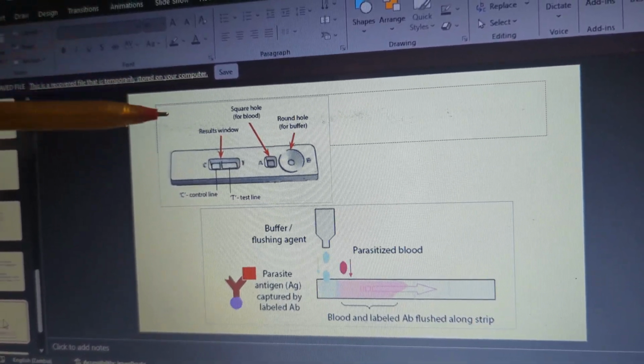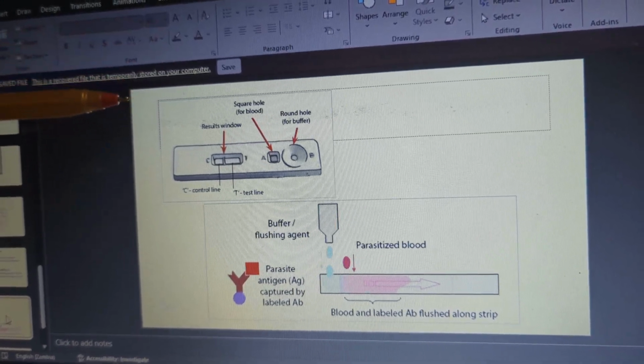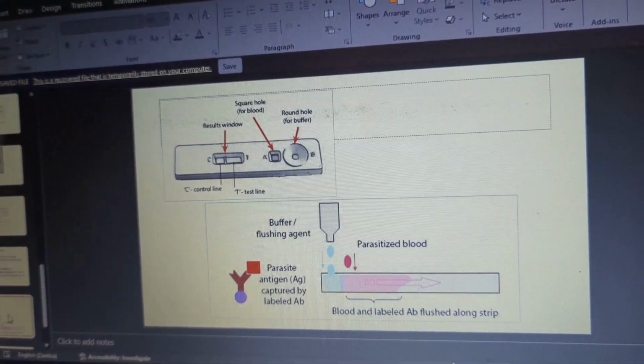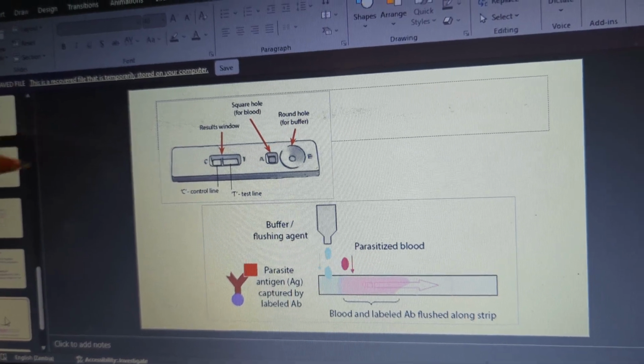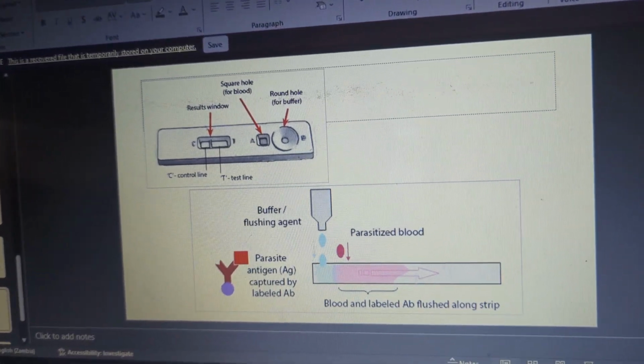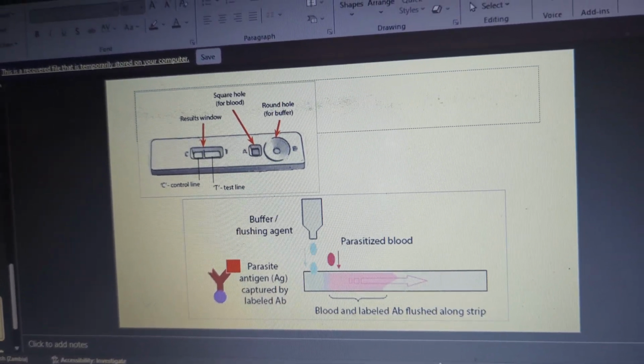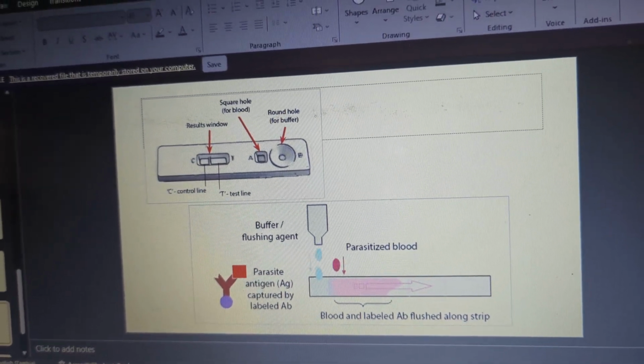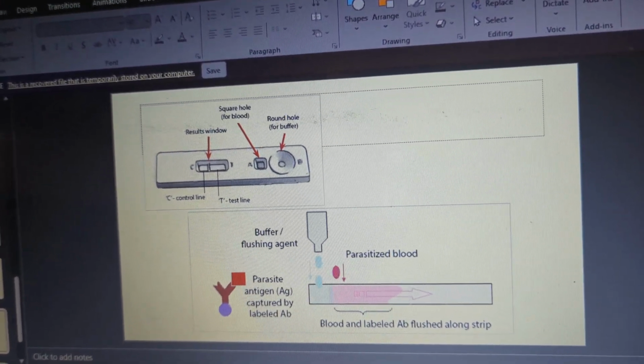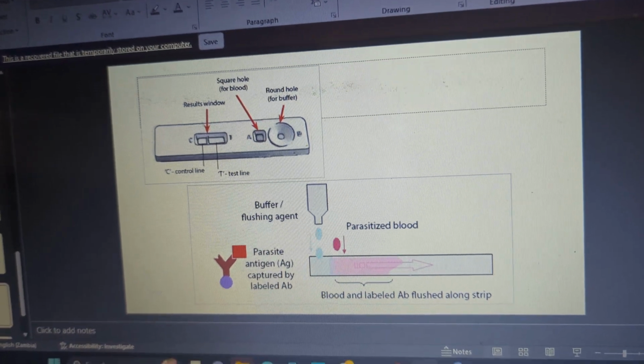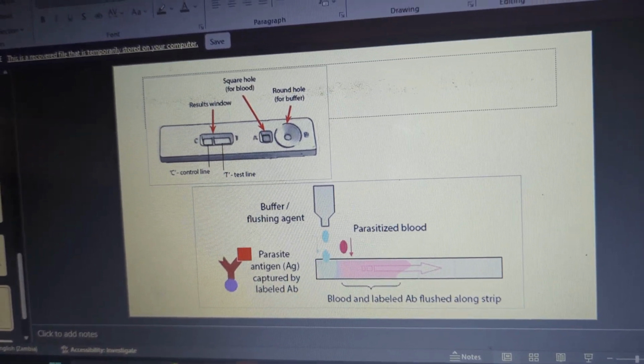So you see the interplay between antigen detection and antibody detection. That is the most important principle with these diagnostic tests, that interplay between the molecules.